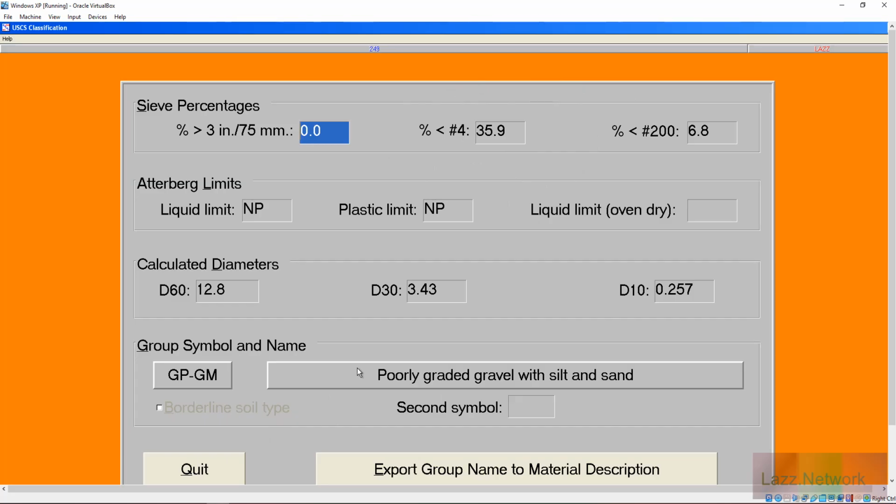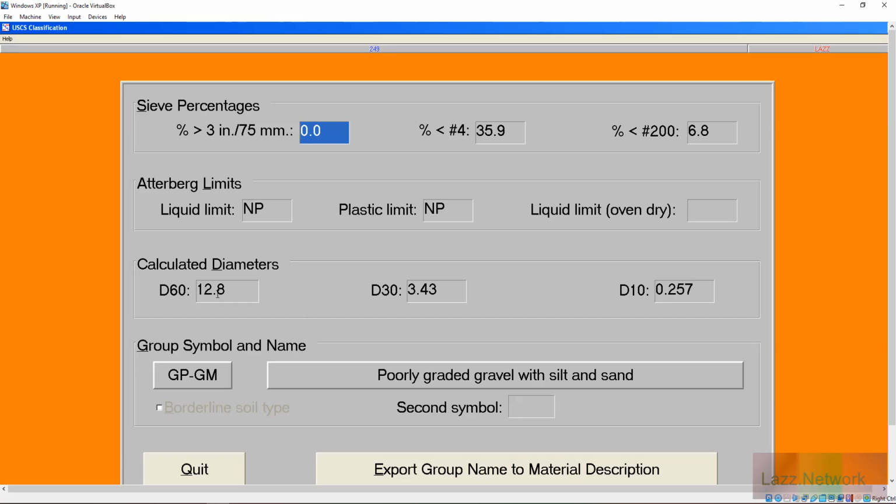So that means you have material that's greater. You have 50% or greater, which is what makes it into the GP classification. It's only GP-GM because of the wash. But that's weird because this is technically well graded and it's classifying as GP-GM.